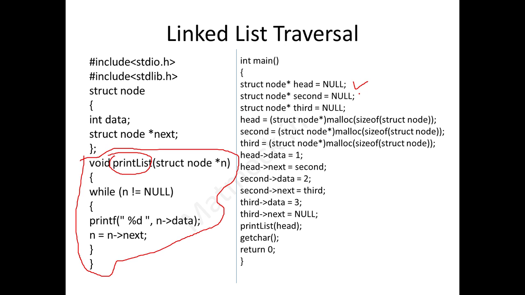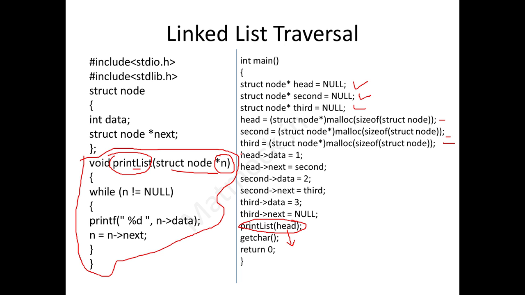So after creating the nodes, we will call the function print list and pass the head pointer to the function print list. Inside the print list, the head pointer will be stored in the n pointer, and now the n pointer will point to the node to which head was pointing.